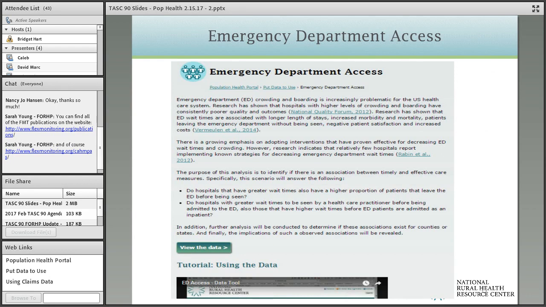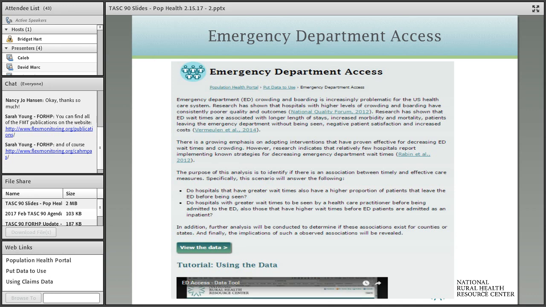And the data is updated in these data sets annually, not necessarily on a quarterly basis, which does happen for Hospital Compare, but not necessarily even annually for the health status indicators.